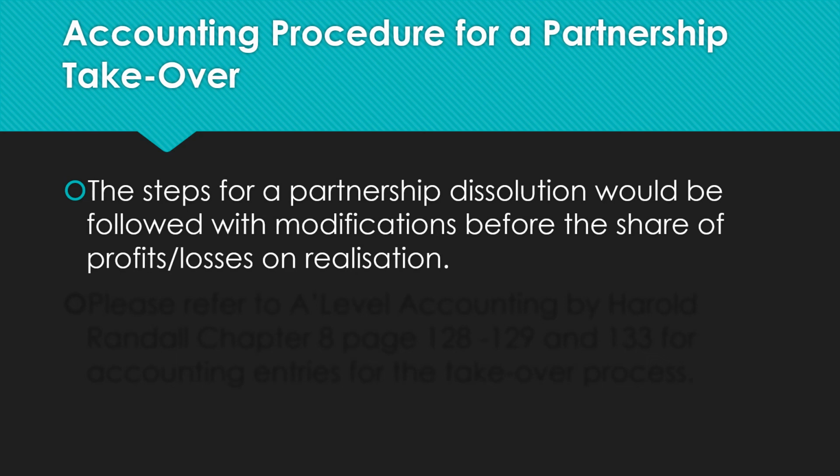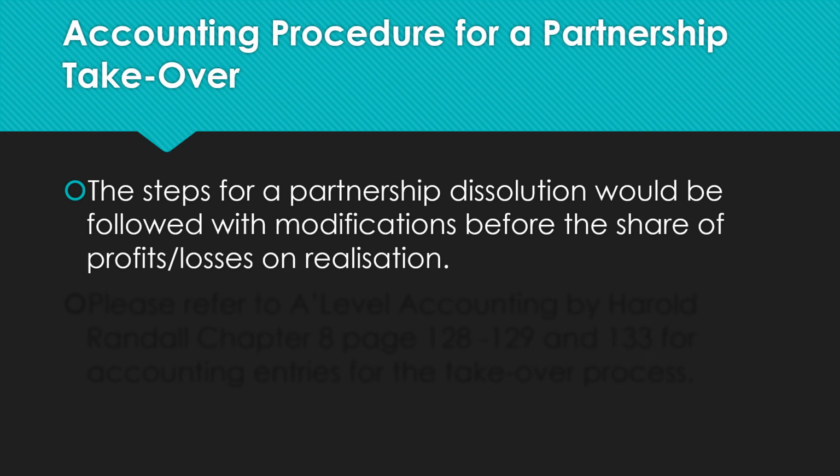The partnership has several accounts on its books. For example, they will have assets, liabilities, and their capital. So those assets and liabilities on the books of the business will have to be closed off.